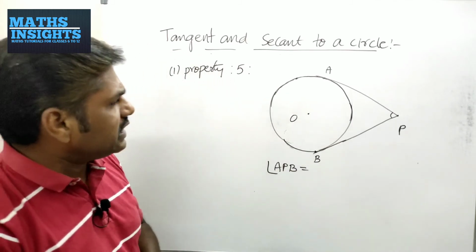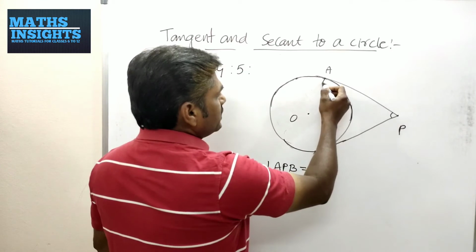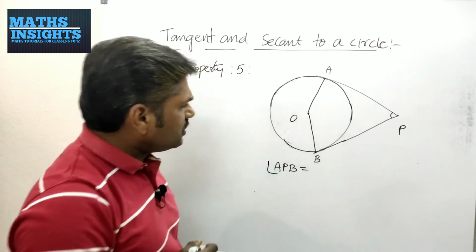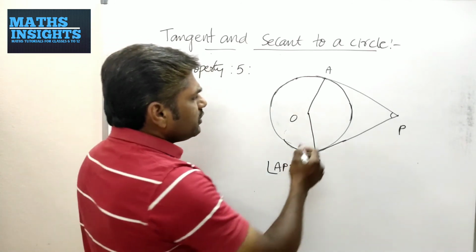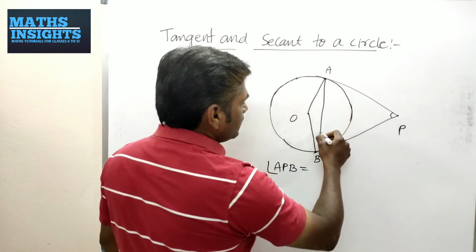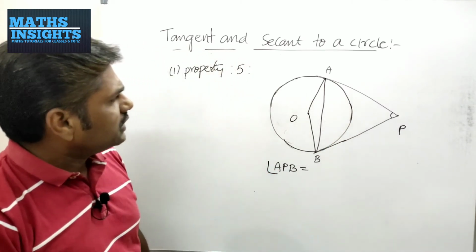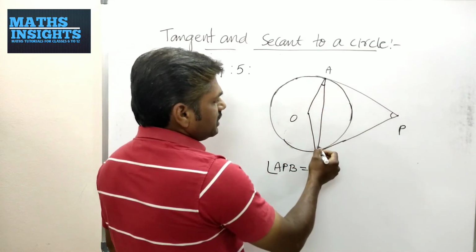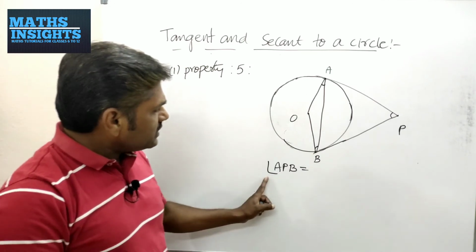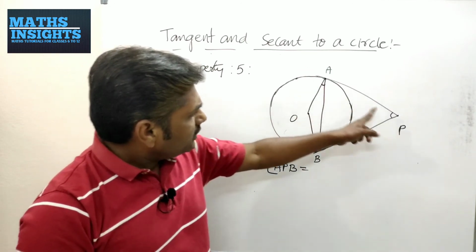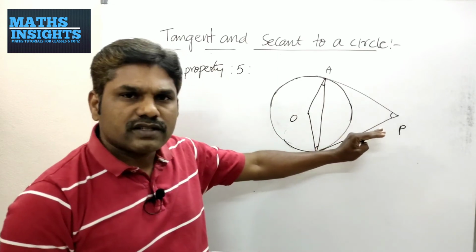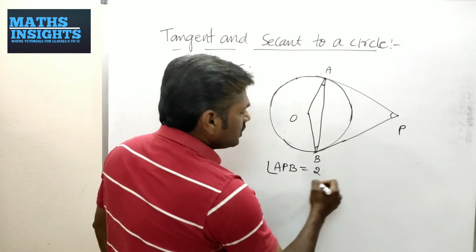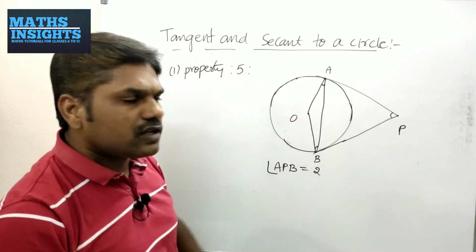If you join O and A, this is one radius, this is also a radius, which are both equal, and if you join A and B, which forms a chord, then there will be two angles, one here and the other here. This angle APB, which is between the two tangents at the external point, is equal to the sum of these two angles, and these two angles are also equal.